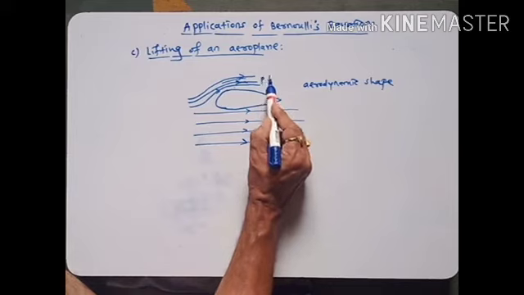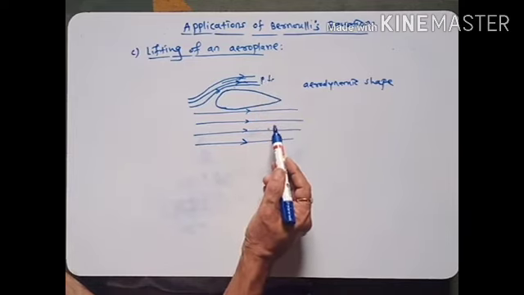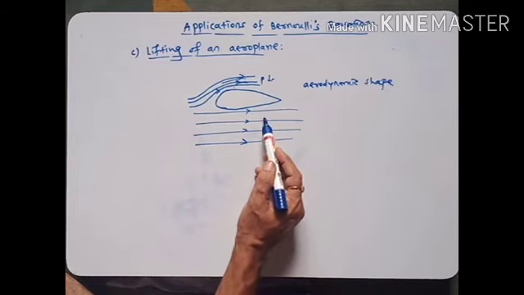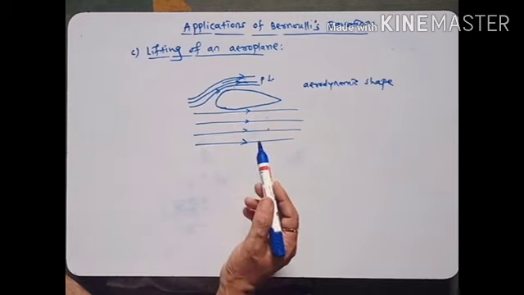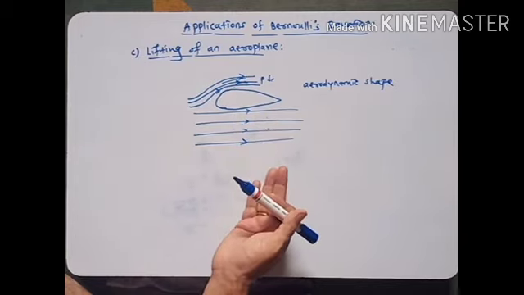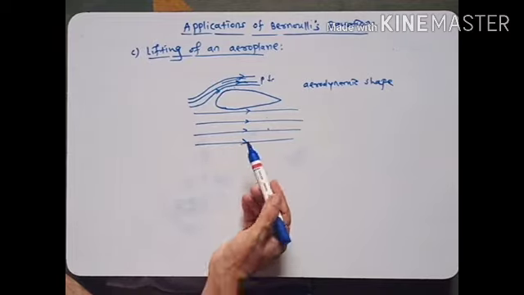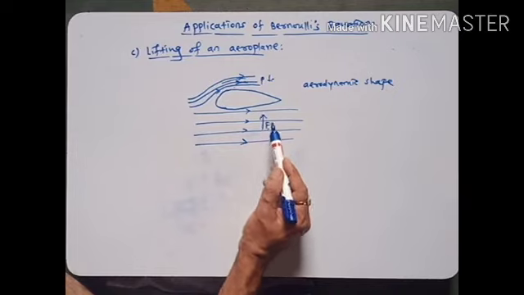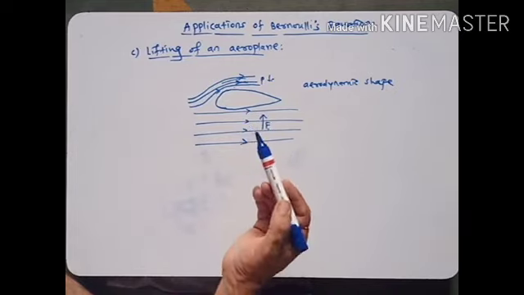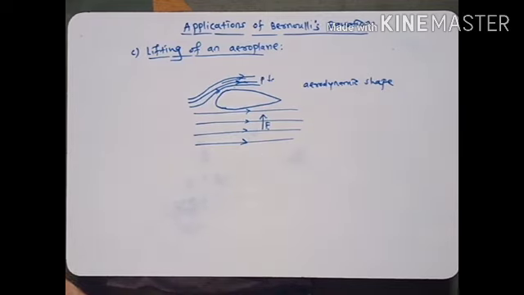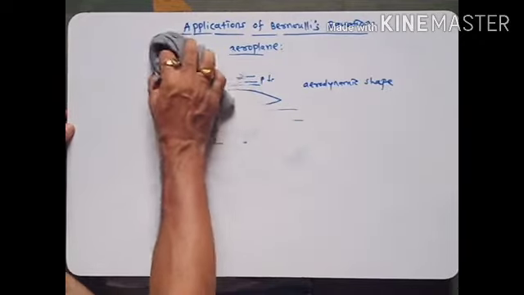Due to this pressure difference, here pressure is large, here pressure is small, an upward force is exerted on the aeroplane, and whenever this upward force becomes greater than the weight of the aeroplane, the aeroplane takes off. This is another application of Bernoulli's principle: lifting of an aeroplane.